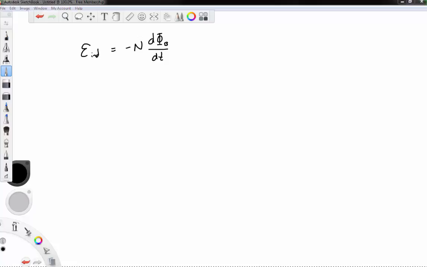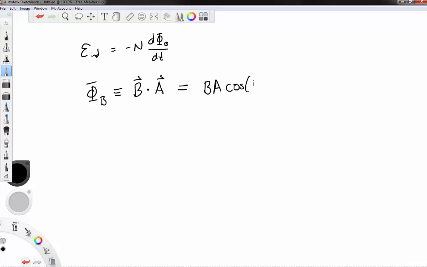Well, it was stated before, and this is just true in general, as long as you have a uniform magnetic field and a uniform area itself, but not necessarily a constant area vector, that you can use B dot A. So that would be B times A times cosine of theta.